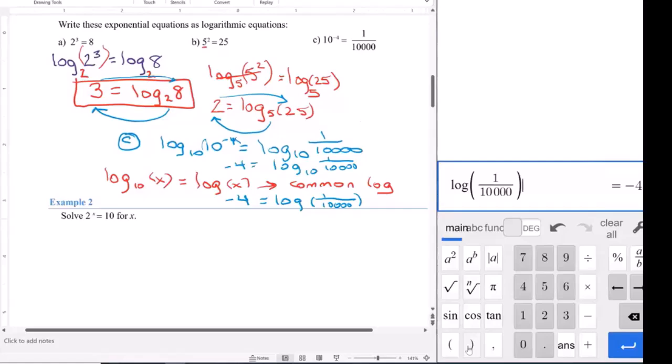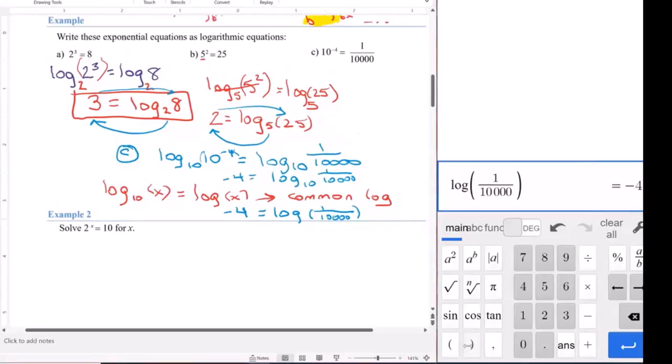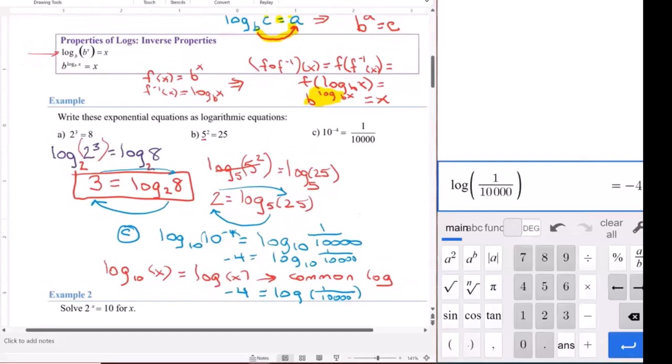Okay. So that's basically how you can move it around. If you have logs on both sides, you can use this other function, the second one, and that gets rid of my log. I take the exponent of both sides. We'll see how that works.